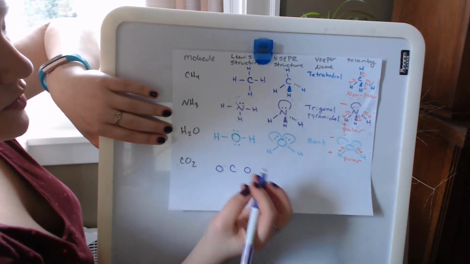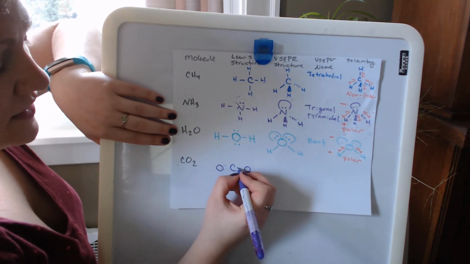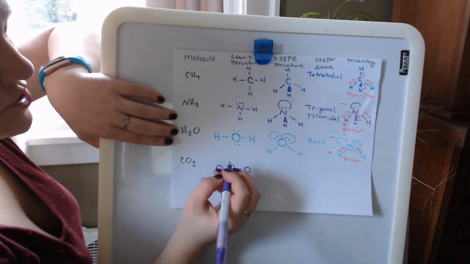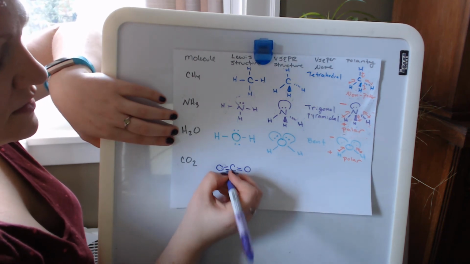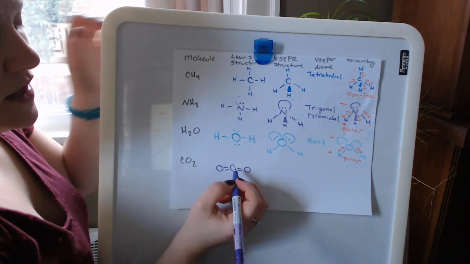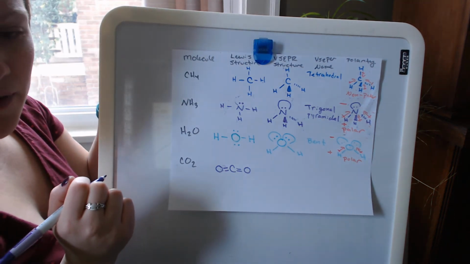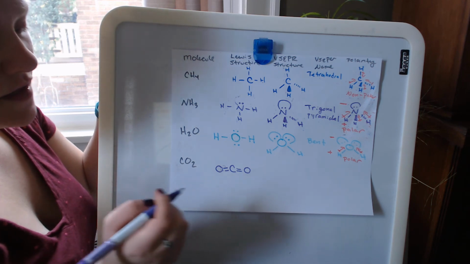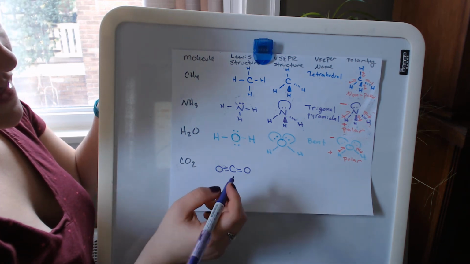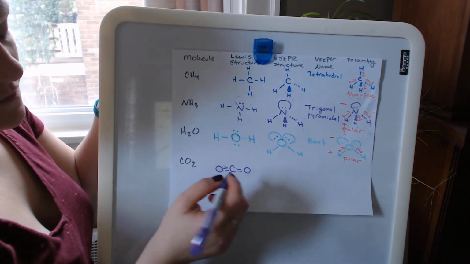We're going to double bond here with oxygen. We're going to double bond here with oxygen. Now carbon has 8, oxygen has 8. Everybody's happy. No non-bonding pairs on the carbon.